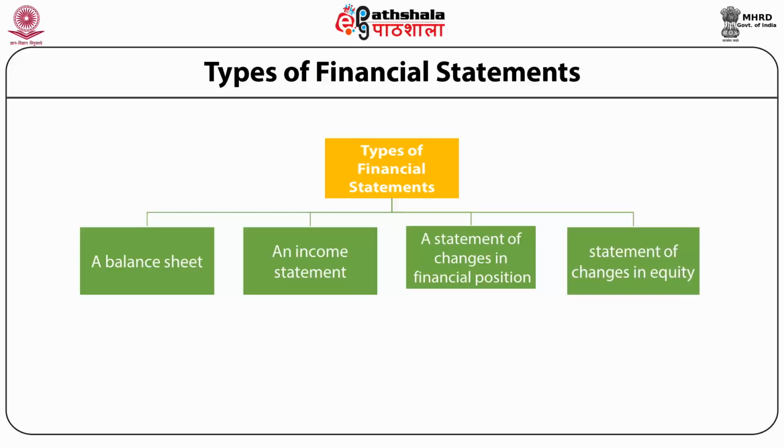These are the financial statements which should be used by the concerned, and this figure reveals that the financial statements include the balance sheet, that is the position statement, the income statement, that is the profit and loss account, the statement of changes in financial position, which includes the cash flow statement or fund flow statement, and the statement of changes in equity if applicable.